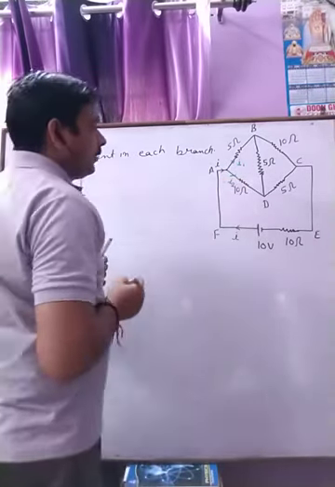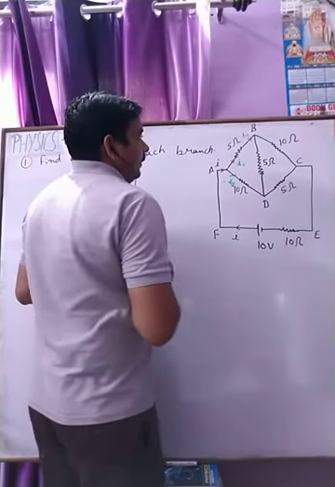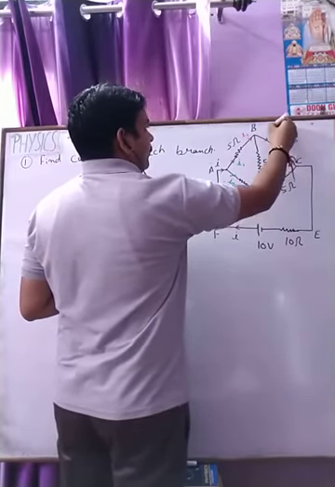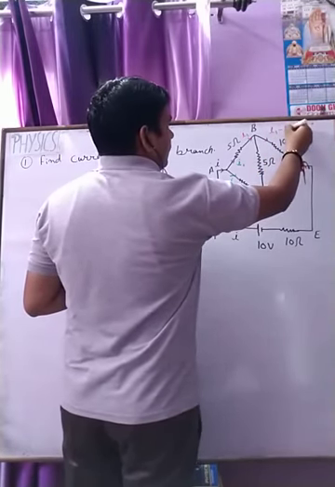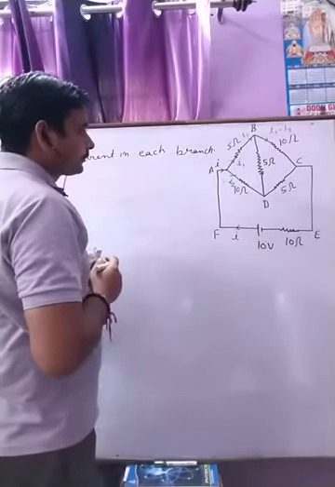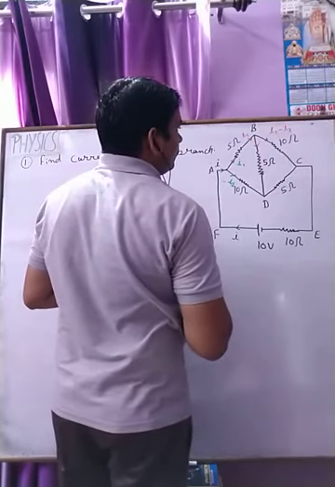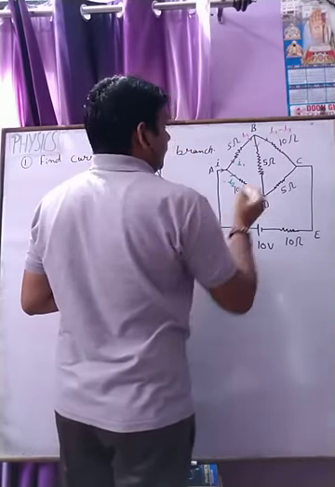Okay, when this current reaches point B, then in branch BC it is distributed as I1 minus I3, so this current is I1 minus I3 in branch BC, and I3 in branch BD.